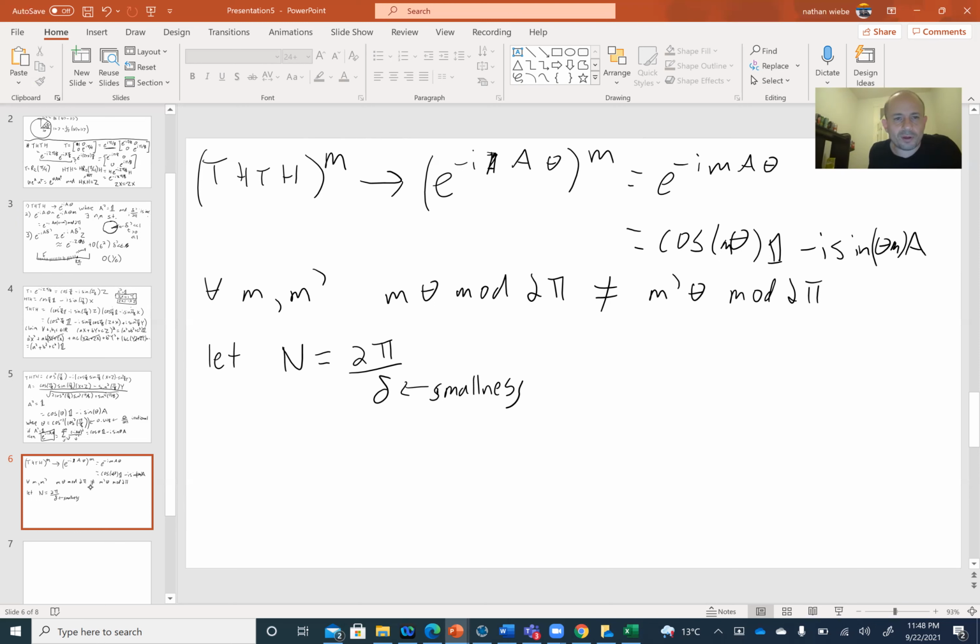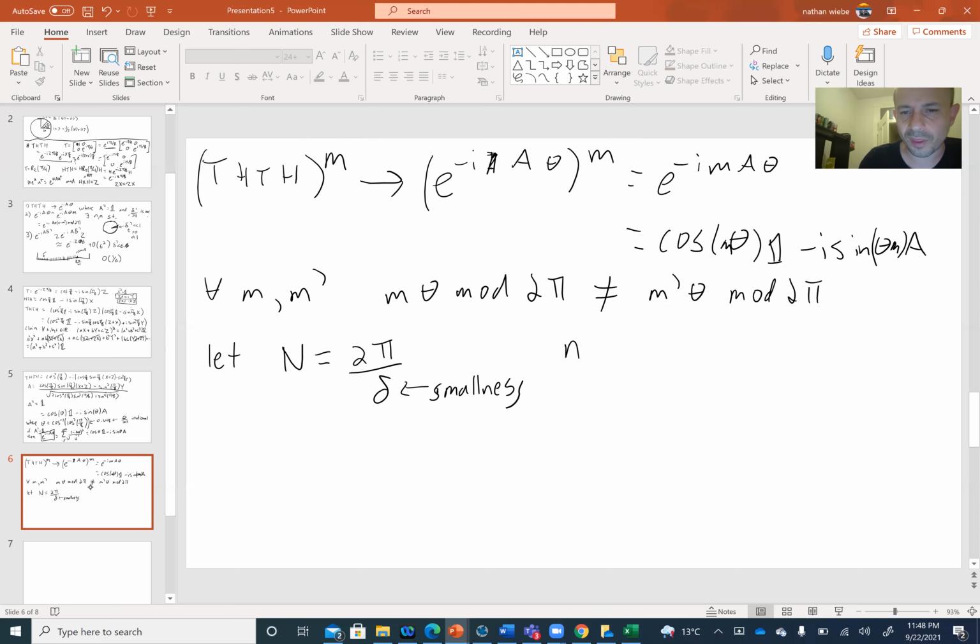We want two values that are close because we can subtract them to find a tiny rotation. So this value of n is 2 pi over some smallness parameter delta that talks about our target size for the tiny rotation we want to build.